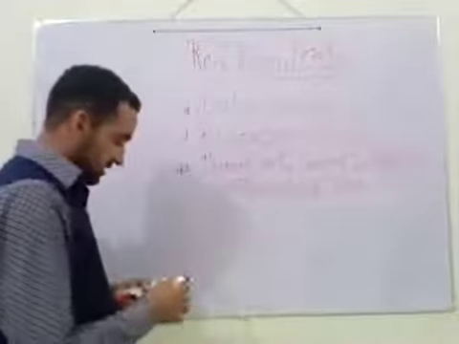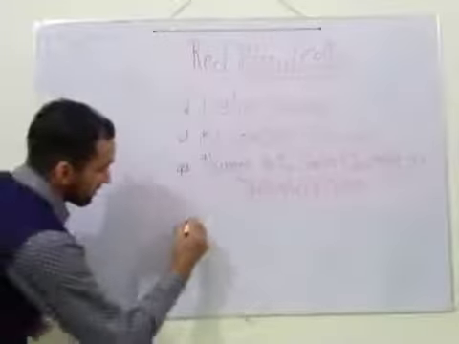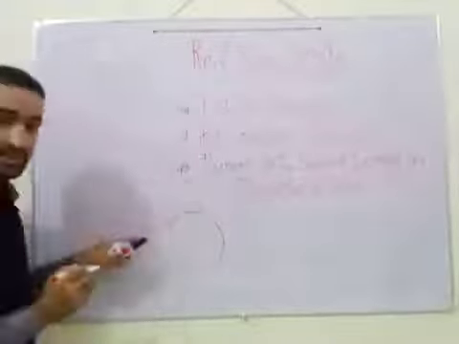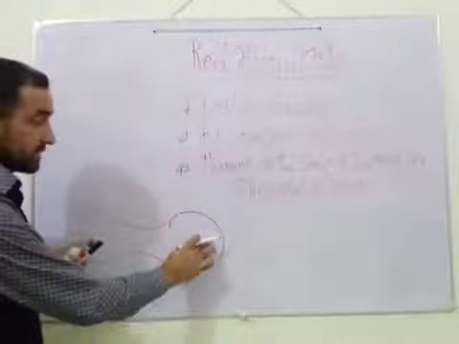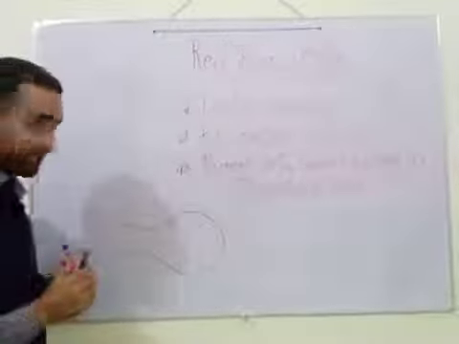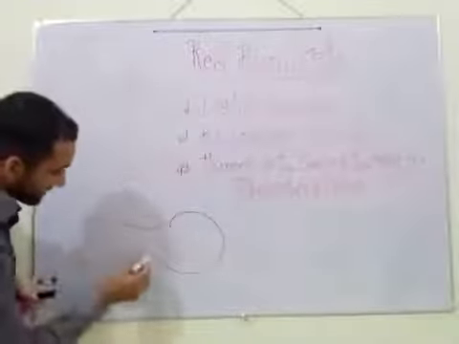For example, I am drawing a red blood cell over here. For example, this is a red blood cell. In the center it is thinner, and in the periphery it is thickest, and it is a disc-like or biconcave structure.